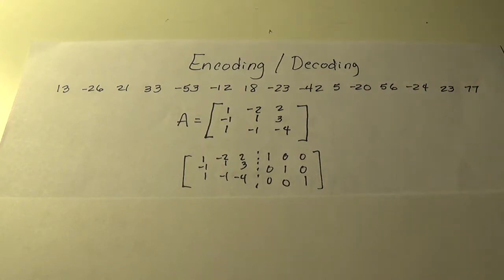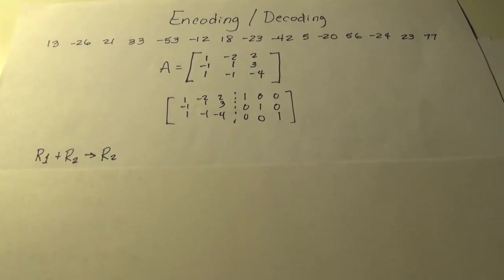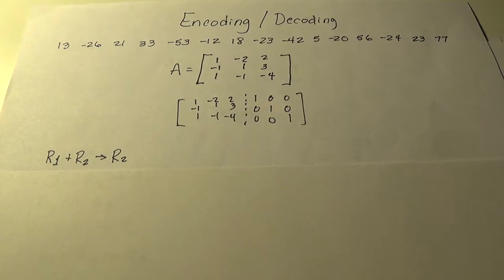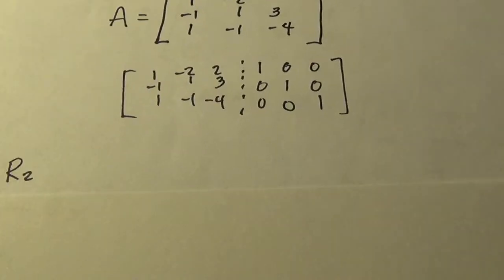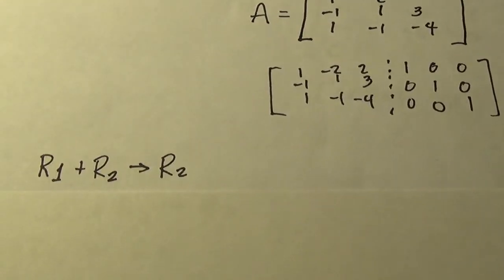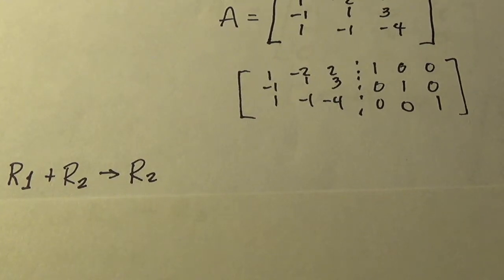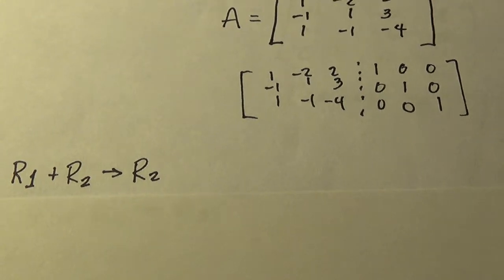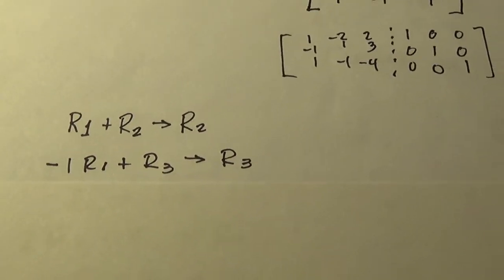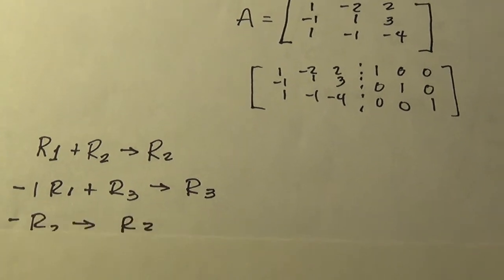Here's what I did, and you can do it for fun, but I'm not asking you to. Remember, you can multiply a row by a number and add it to another row, replacing that row. You can exchange rows, or you can multiply a row by a number. I took row 1 and added it to row 2, replacing row 2. Then I took -1 times row 1 and added it to row 3, replacing row 3.